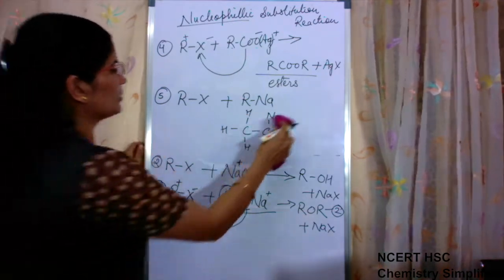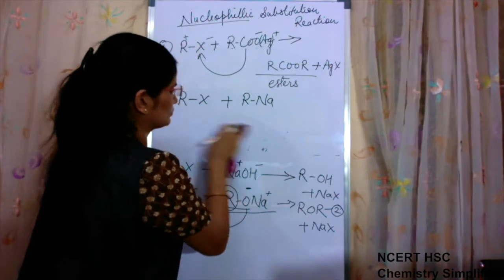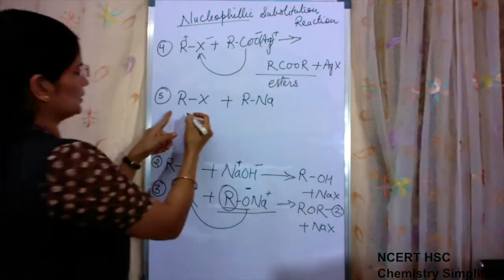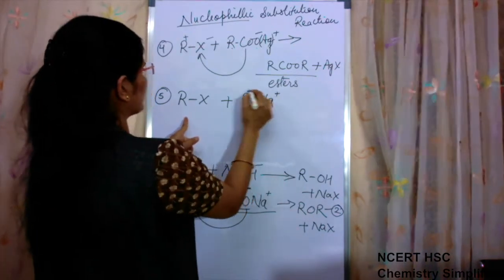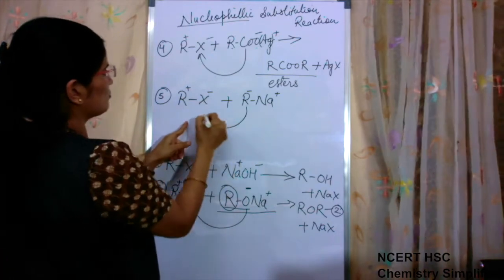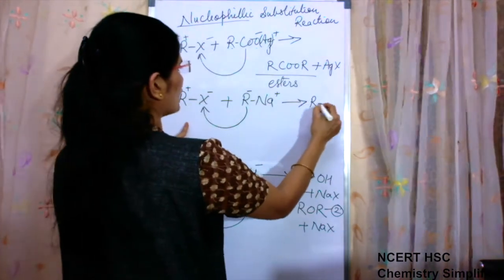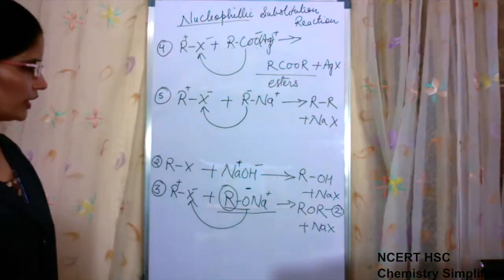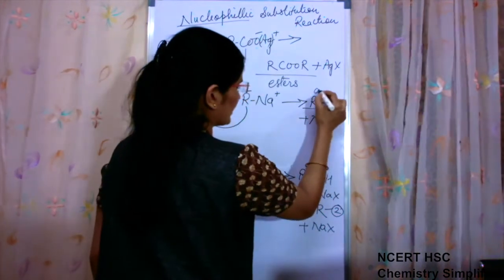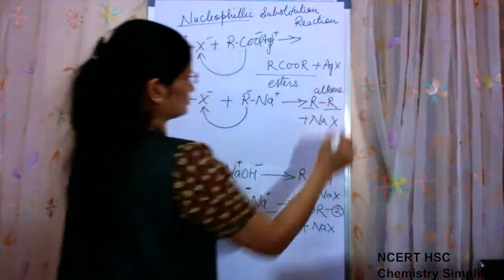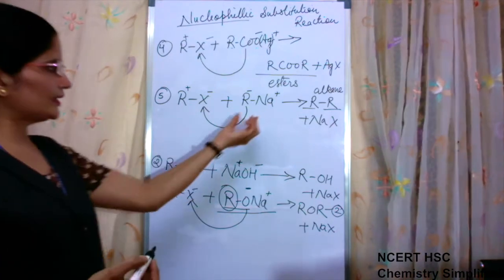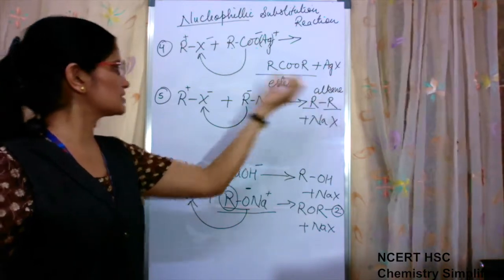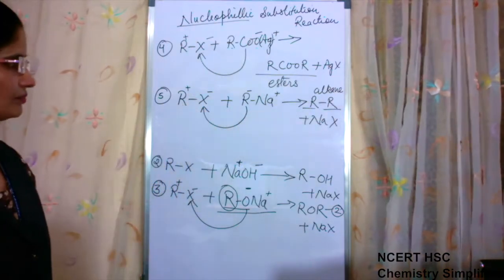So like this, with the compound we are using, again positive, negative, negative, positive, the negative part will join here. So R-R plus NaX. Okay, that means R-R is an alkane. So if a metal derivative of a hydrocarbon is used, then it can be used to synthesize alkanes with the help of alkyl halides.